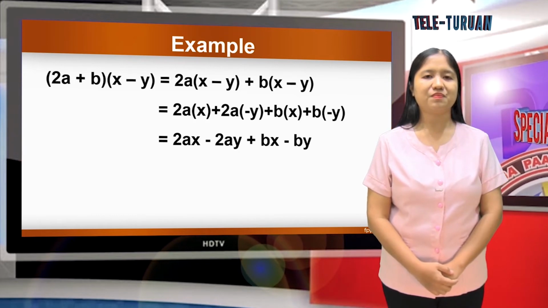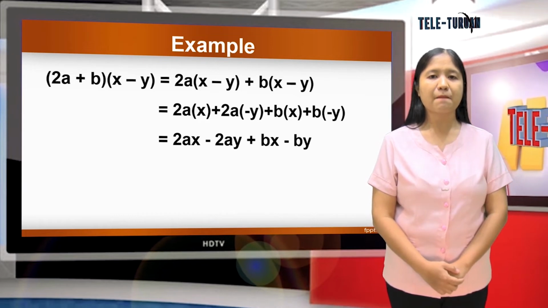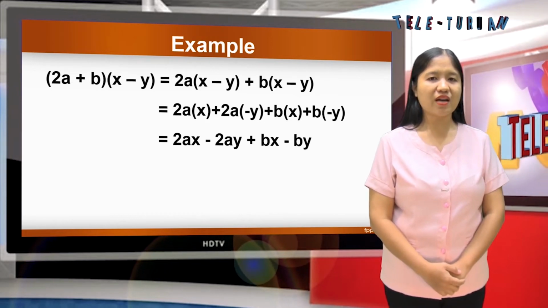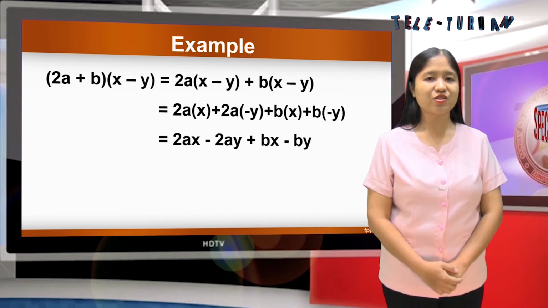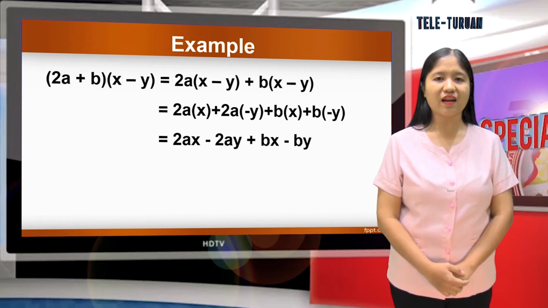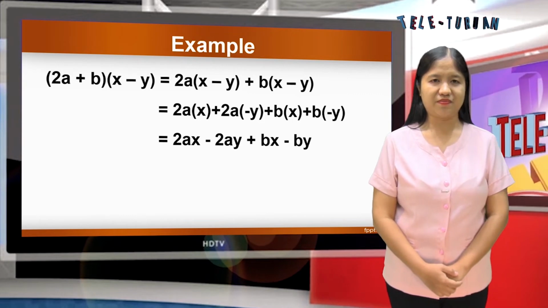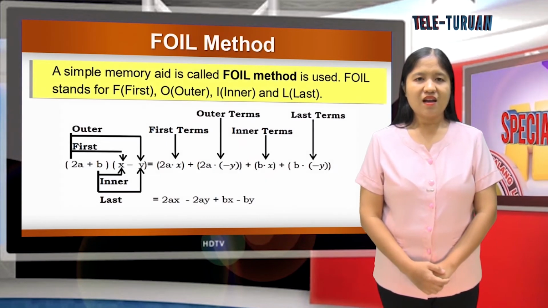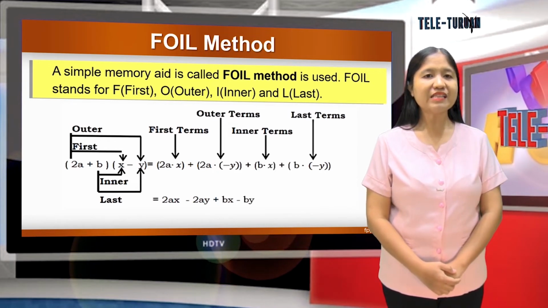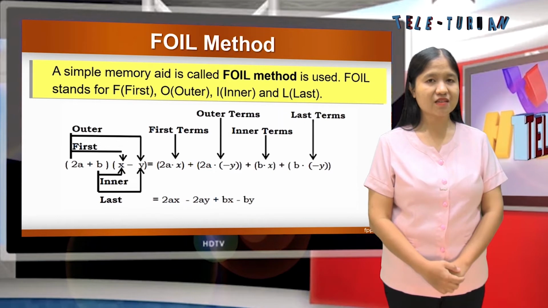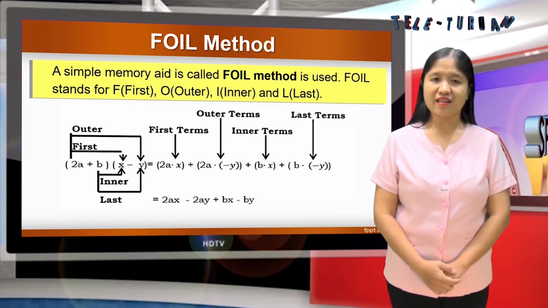That is 2a times the quantity x minus y plus b times the quantity x minus y. Simplifying the expression, it will yield 2ax minus 2ay plus bx minus by. A simple memory aid is called FOIL method. FOIL stands for F, first, O, outer, I, inner, and L, last.